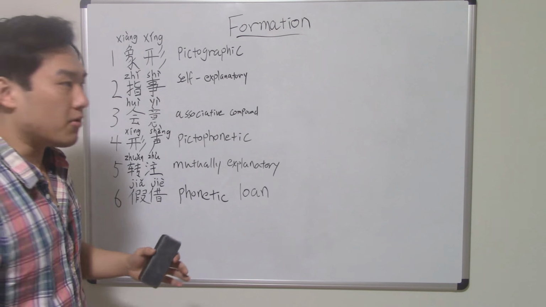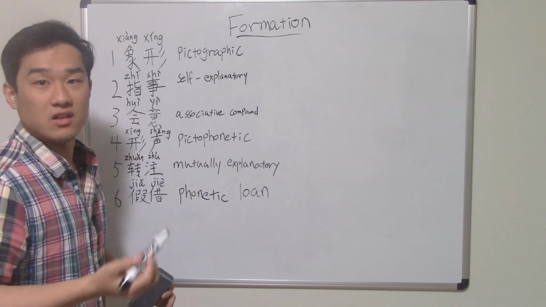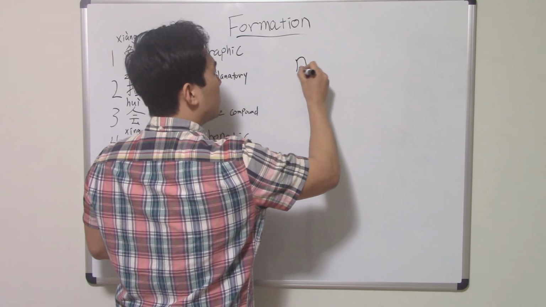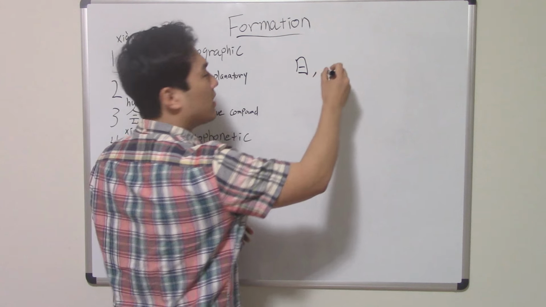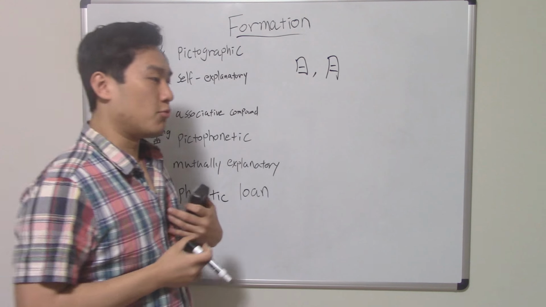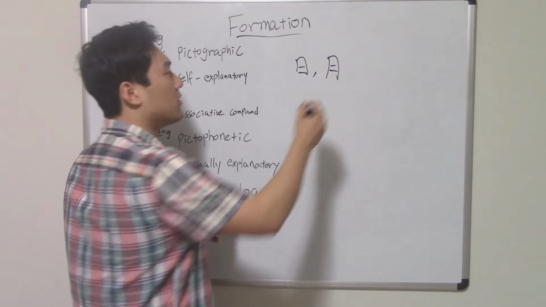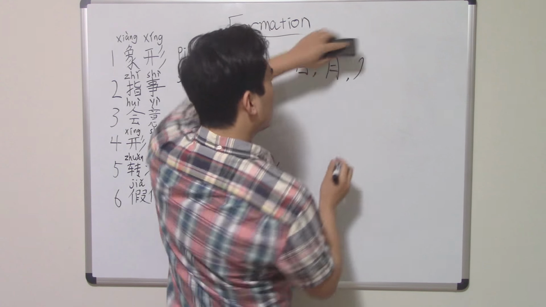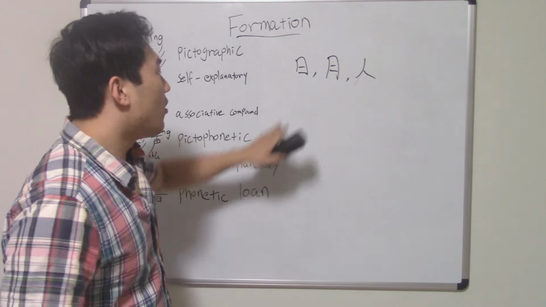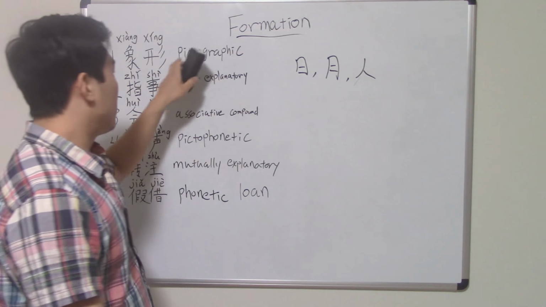To give an example, the word sun and the word moon. That's the Chinese word for sun, and the word moon will be this. Or another example, the word 人, which is person. It will be this. So all these 3 words are pictographic.